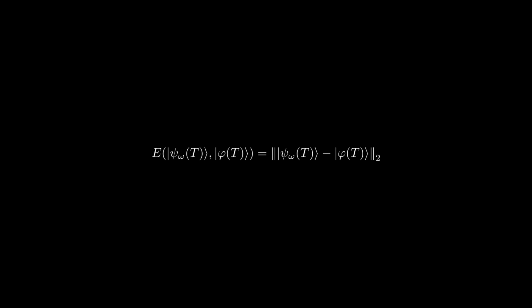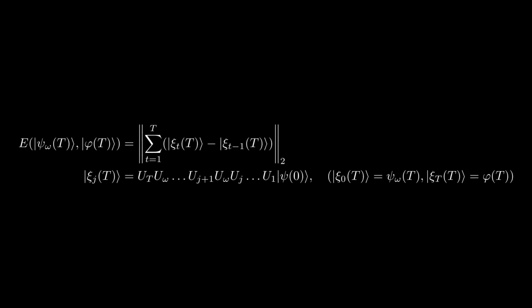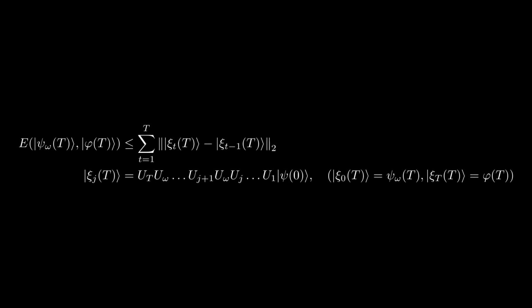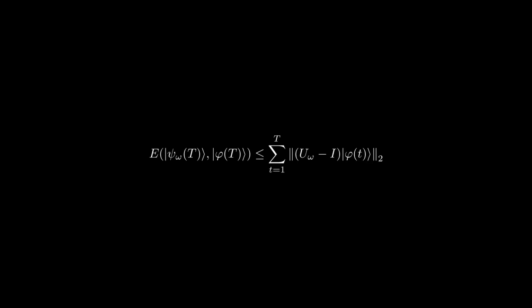To do this, we begin by upper bounding the L2 distance between psi omega t and phi t. Using a telescoping sum argument where we define intermediate states where the first j iterations use I while the remaining iterations use U omega, we obtain the following sum of L2 distances between U omega phi t and phi t, summed over all t as our upper bound.